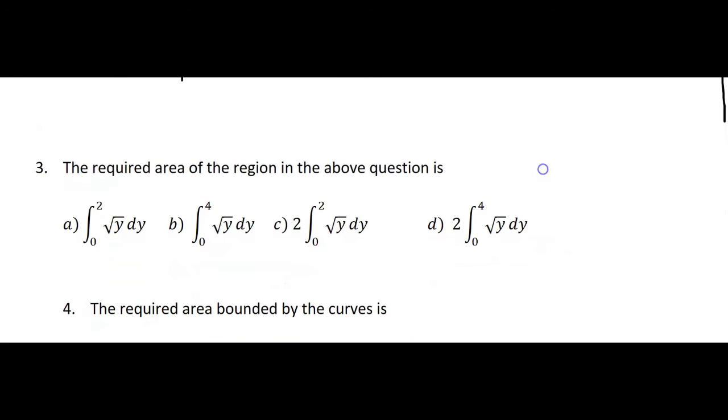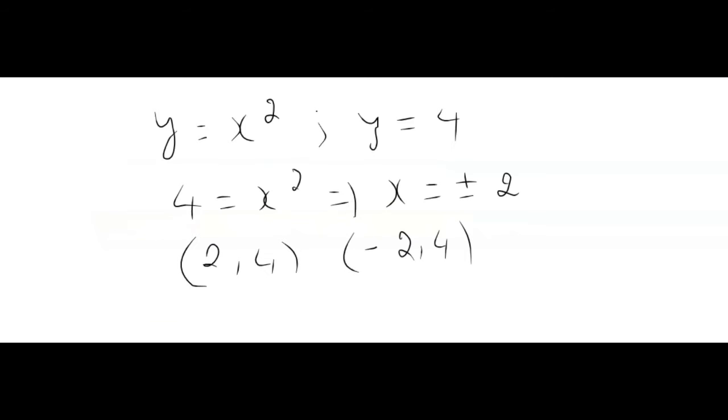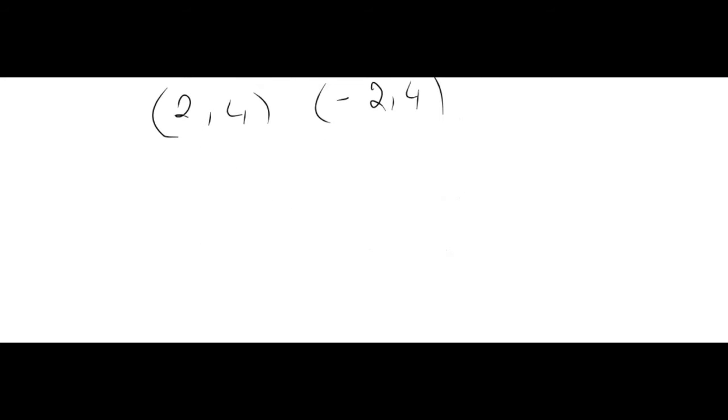The required area of the region in the above question is, now let us find out the required area of the region. So A is going to be equal to, obviously we are going to take the equation as x dy. Let me sketch the graph like this.